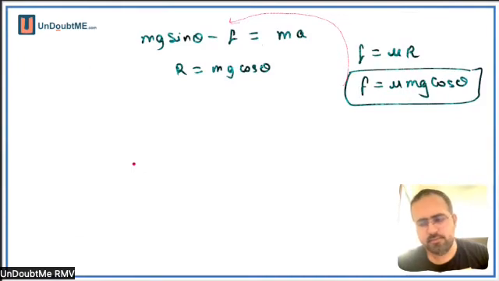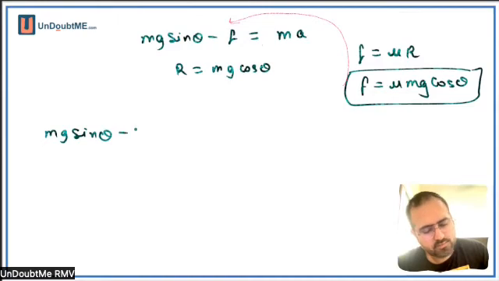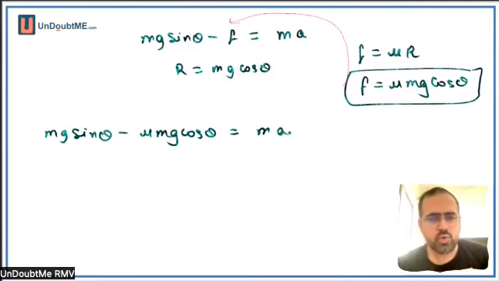Is that clear? Now, after substitution, I will get mg sine theta minus mu mg cos theta is equal to ma. What do I need from here? I need the value of acceleration. So can you see m is there in all the terms?